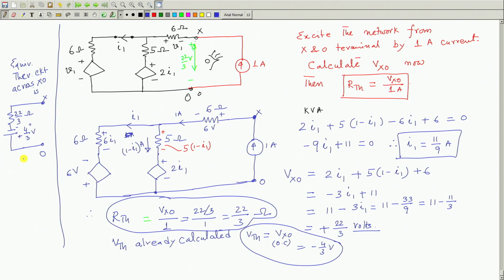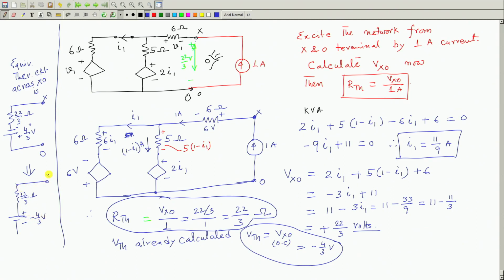Whatever impedance you now connect, you will be able to calculate the current. Alternatively, what you can do is this 22 by 3 ohm, Thevenin's resistance does not pose any problem. V Thevenin's with this polarity you only write, but while writing this magnitude you must write this is minus 4 by 3 volt.